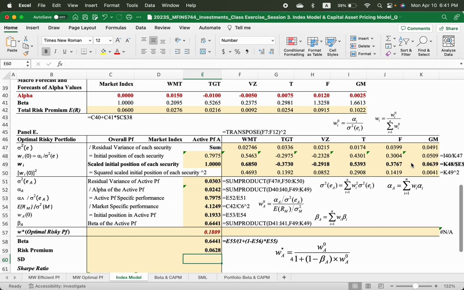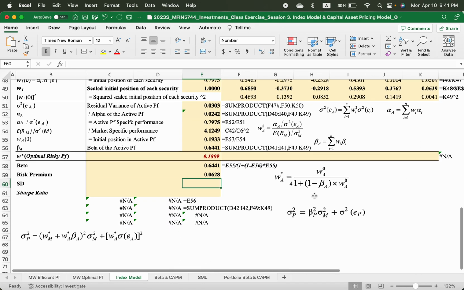Standard deviation, how to calculate standard deviation? The standard deviation of this portfolio is comprised of the market component and the residual part, right? So now how to calculate this?